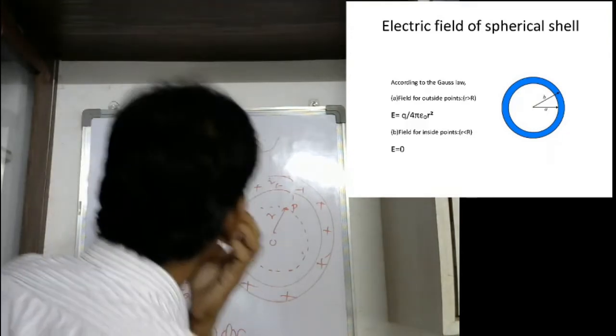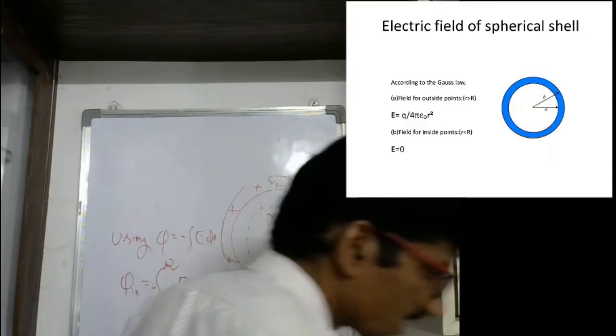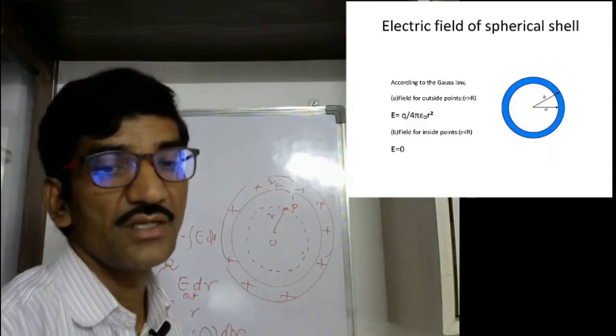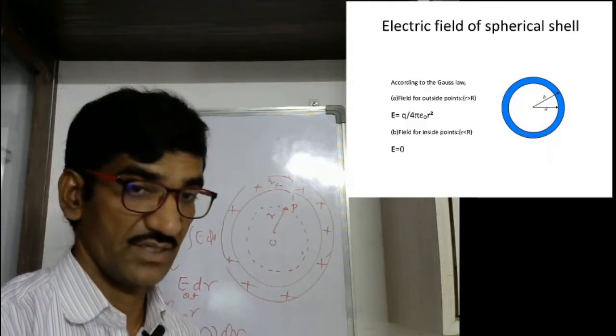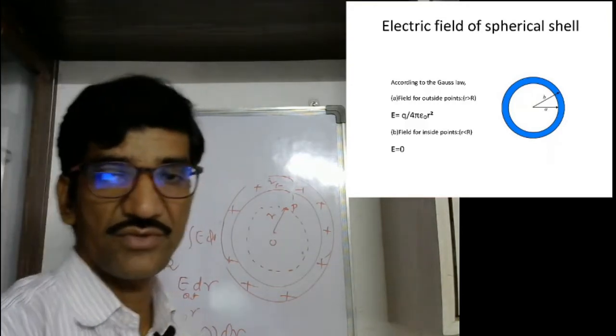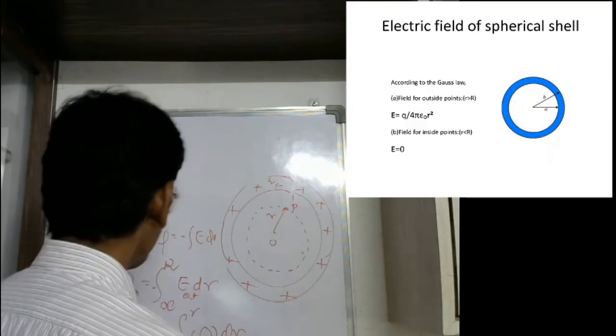Okay, I will write here now. So in this way, whenever you want to calculate the potential at the inside points, you have to take into consideration the electric fields both at the outside points as well as inside points. Without that, you cannot get the correct expression for the potential. You have to remember this. This is very, very important.